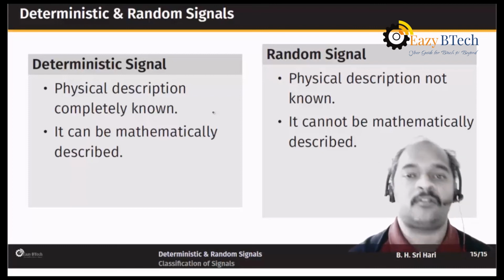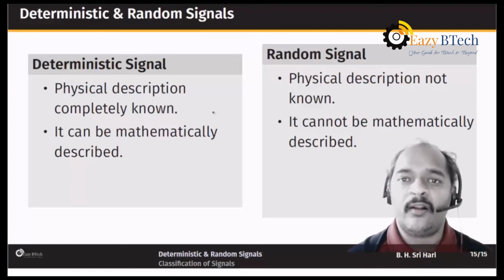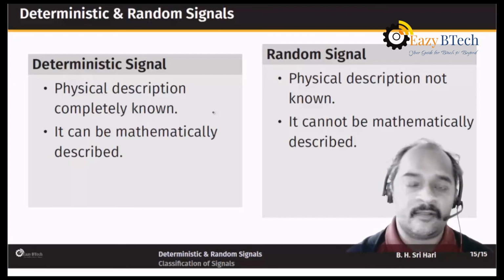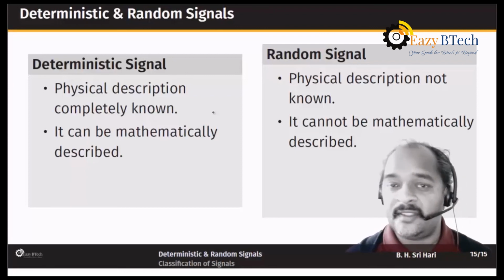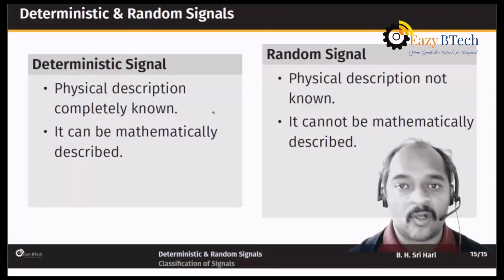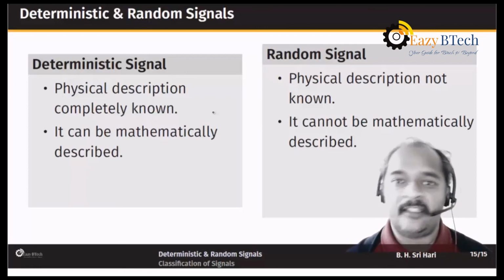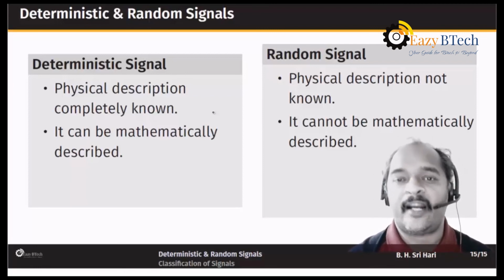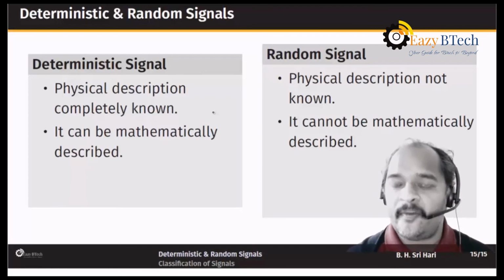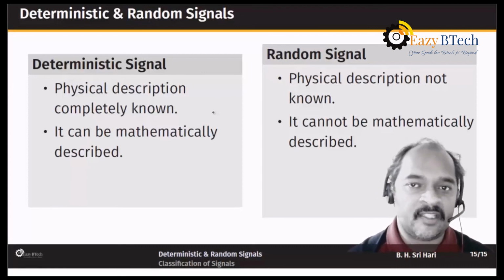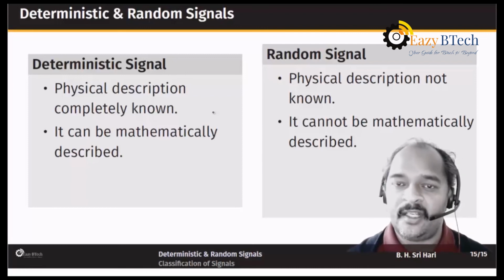For example, cos t, e^(jt), all these are deterministic signals. Whatever signals we see in this course of signals and systems are all deterministic in nature. When we talk about random signals, we don't have a proper mathematical description of the signal, but we deal with it using what are called random variables. We deal with the concept of random variables.